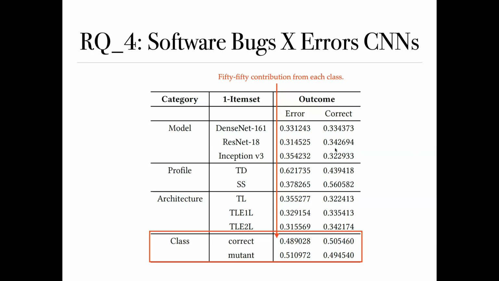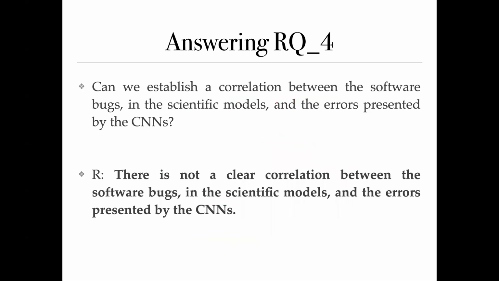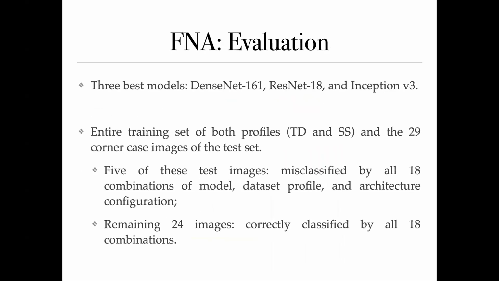In the correct column, we might see a much lower value of the mutant class compared to the correct class. We basically see a 50-50 contribution from each class. So our answer to this question is that there is not a clear correlation between the software bugs in the scientific models and the errors presented by the CNNs.